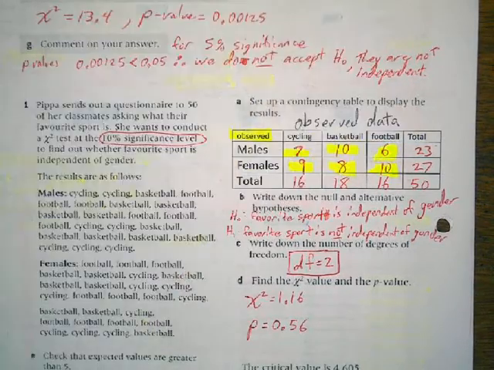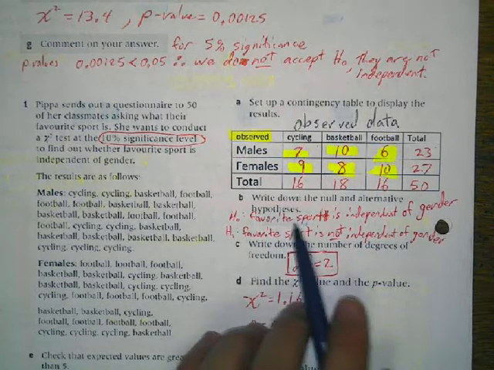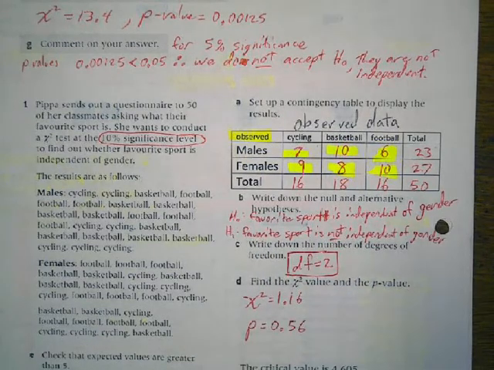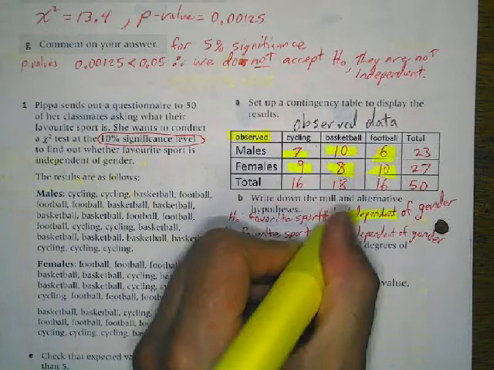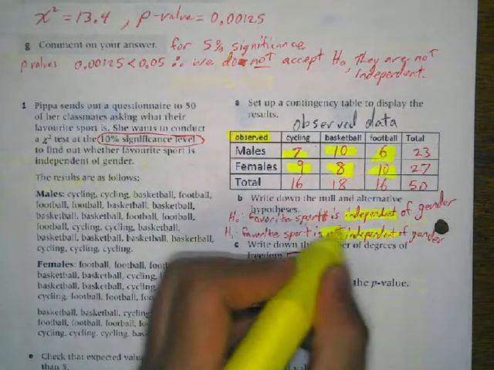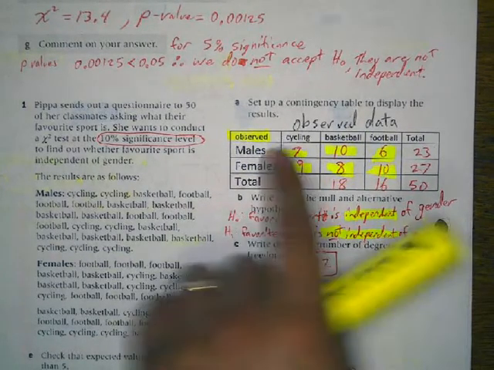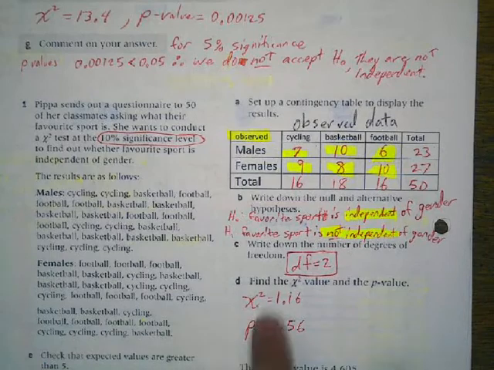Write down the null hypothesis. The null hypothesis is that favorite sport is independent of gender. The alternative hypothesis is that favorite sport is not independent of gender. Degrees of freedom is 2. This you get from the calculator.